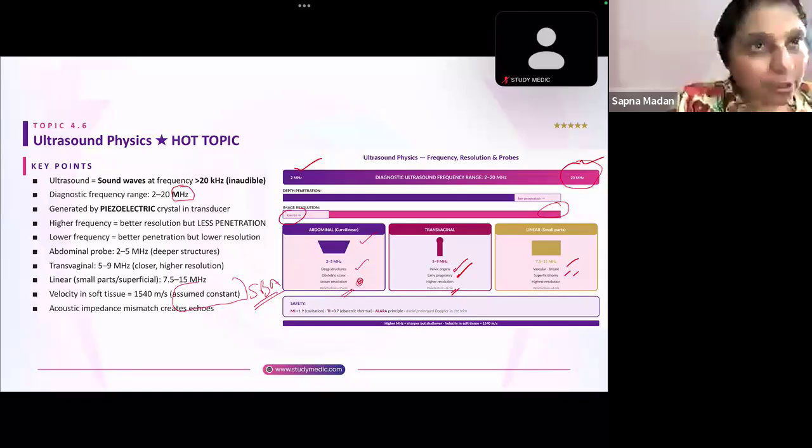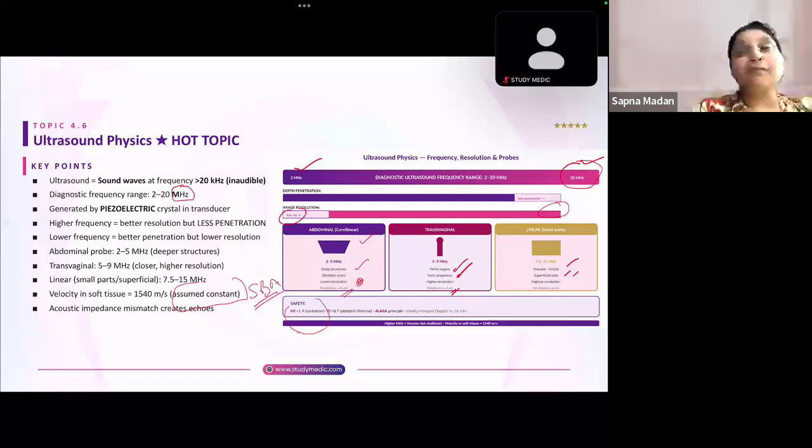The mechanical index should be kept to less than 1.9, otherwise cavitation can happen. And the thermal index has to be less than 0.7, which is particularly important for obstetric ultrasound.